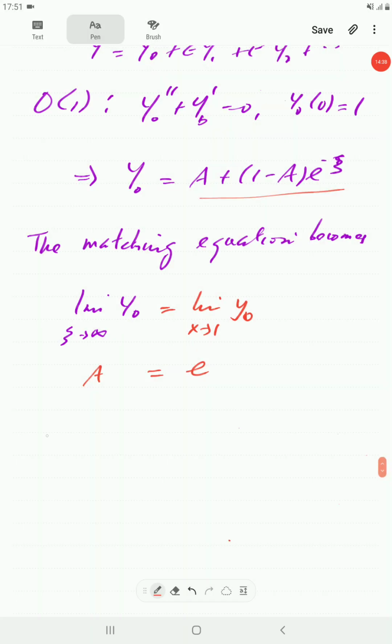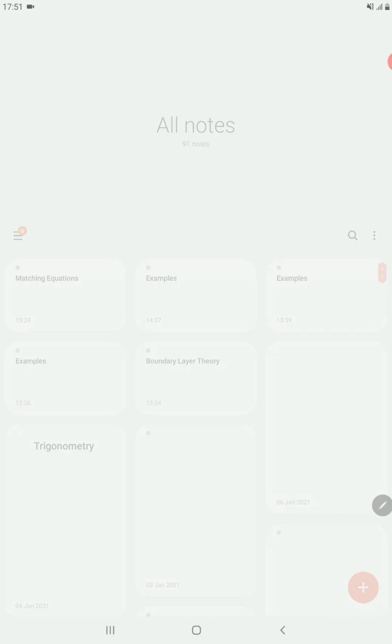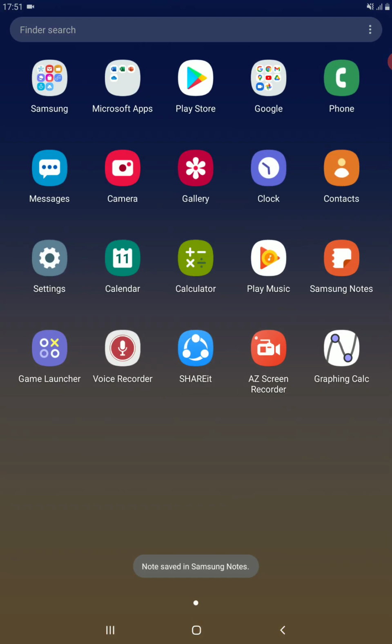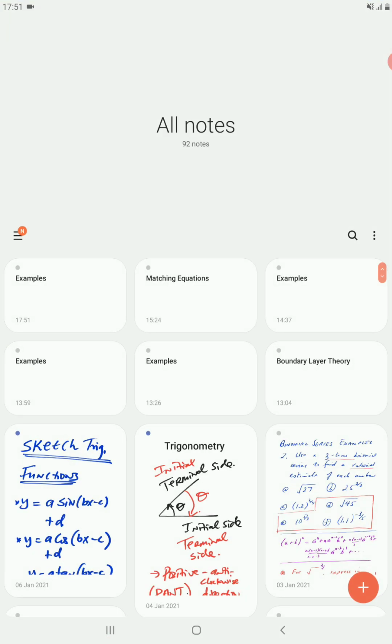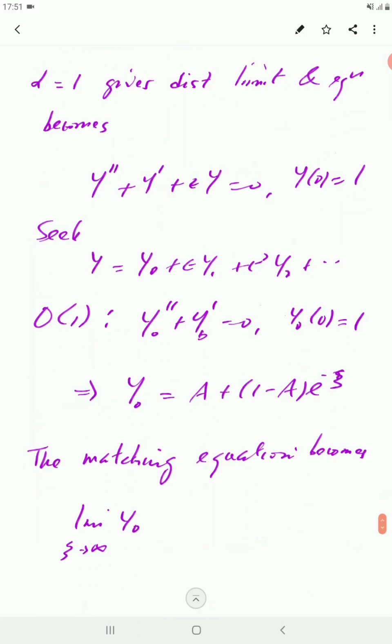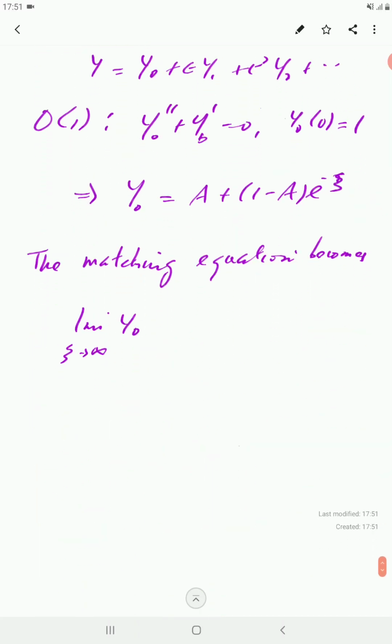So we can plug that one in and then look for the order epsilon solution.